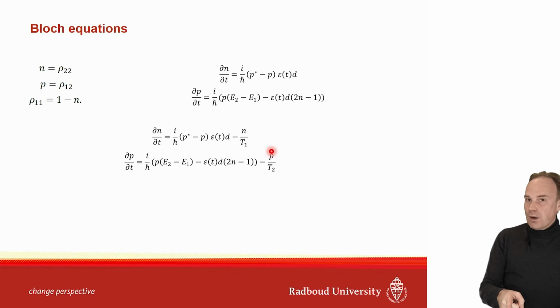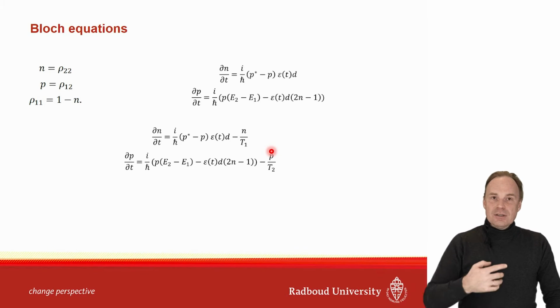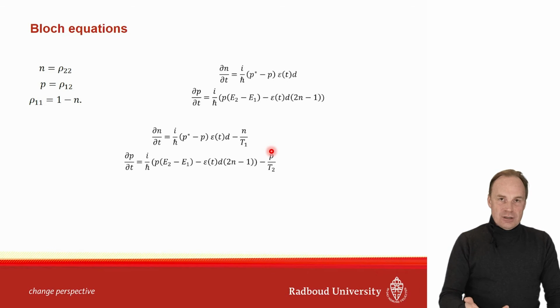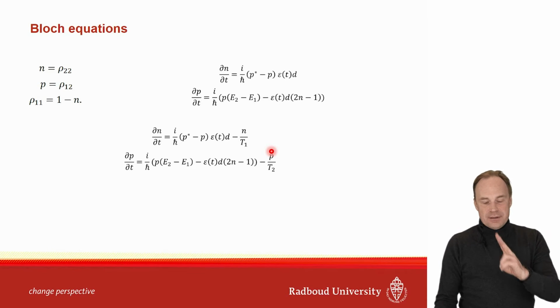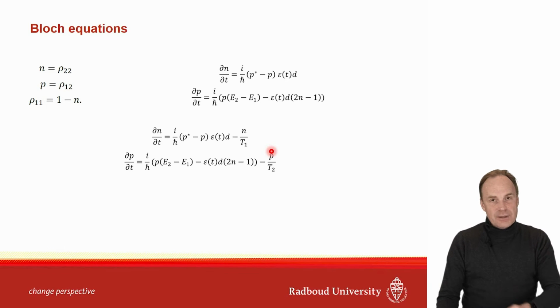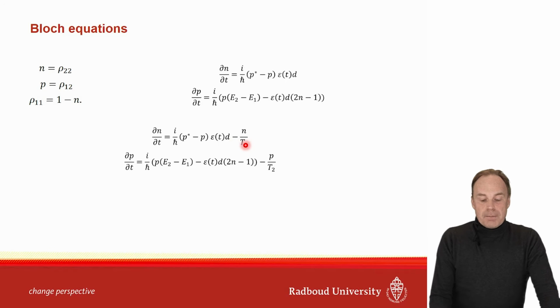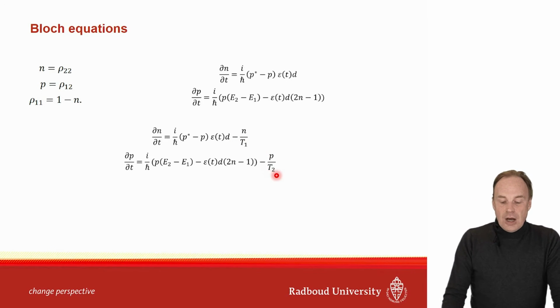In quantum mechanics, just one parameter to describe the decay of excitation is not sufficient. So you have to introduce two parameters. One parameter will describe the recombination of the population of the excited state, and another parameter will describe the relaxation of the polarization.